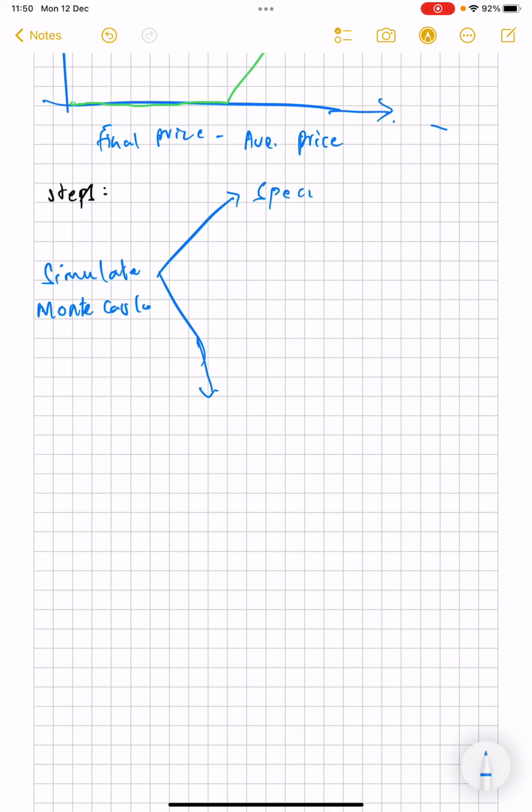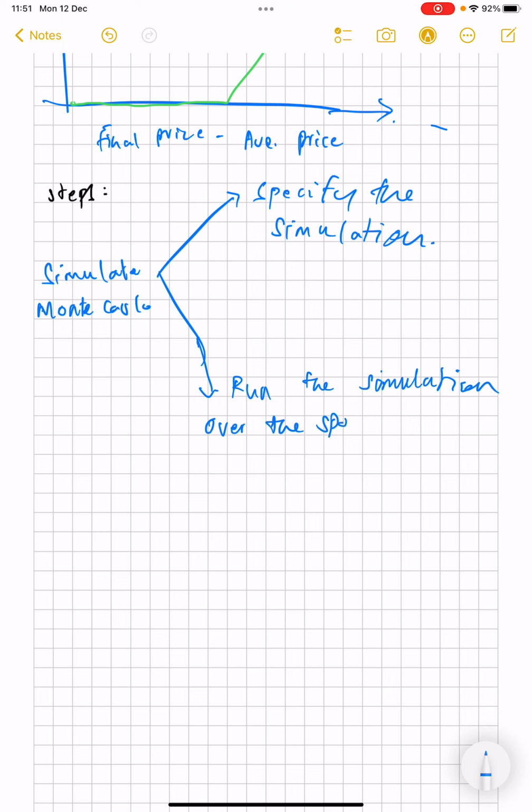The first process is you want to specify the simulation. The second one is you want to run the simulation over the specified number of trials.